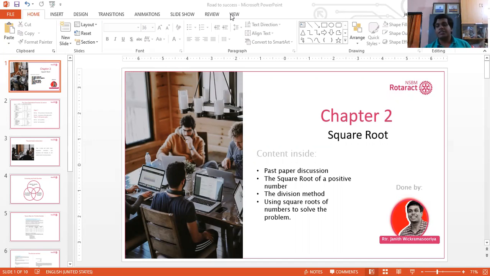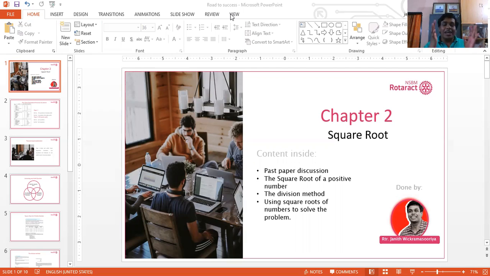As I said in chapter 1, if you have done your past papers, your Western Province, provincial and district ones, you are good to go, because when you know your models and have done your past papers, there will always be new sums, new applications definitely, but there won't be newer models.